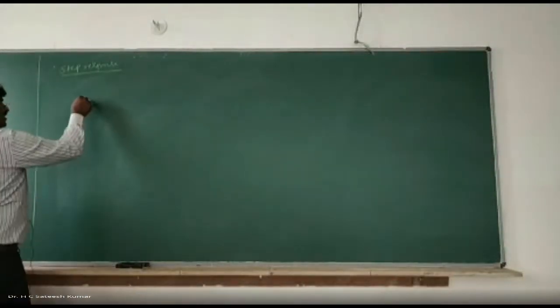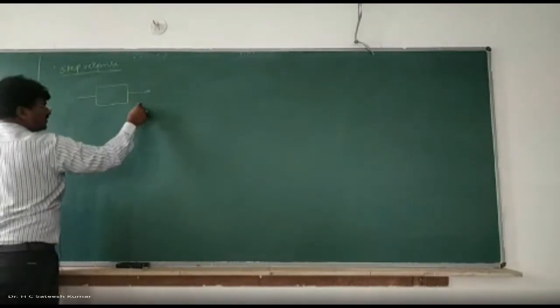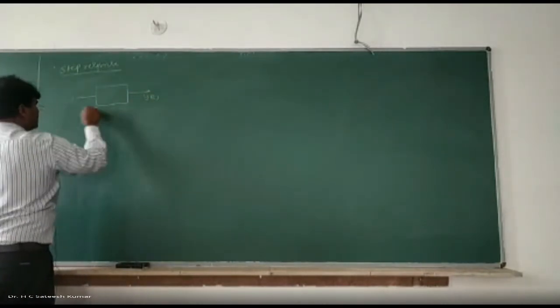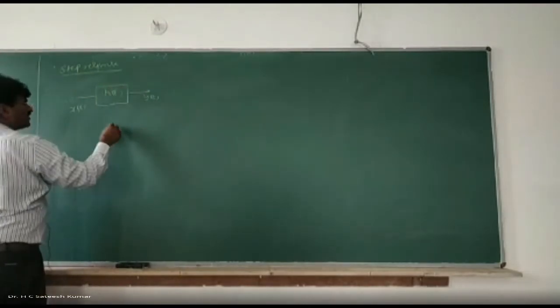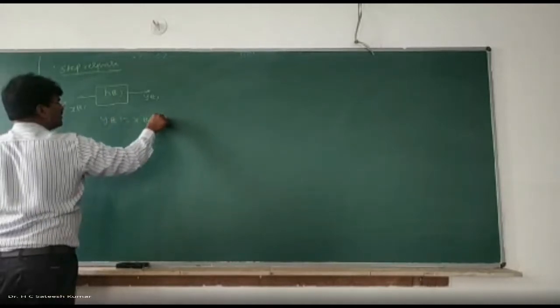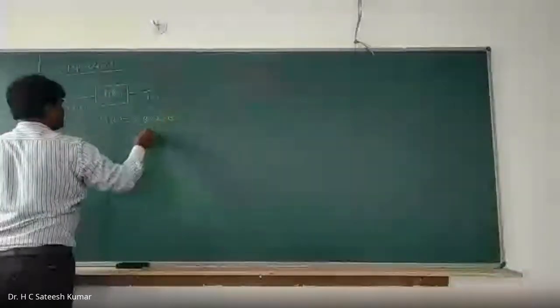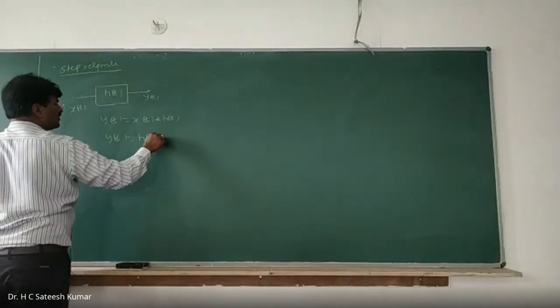That means the output of an LTI system, let us say this is y of t, this is x of t, this is h of t. Output is nothing but equal to what? Y of t is equal to x of t convolved with h of t. And since it is commutative, we can write y of t is equal to h of t convolved with x of t.